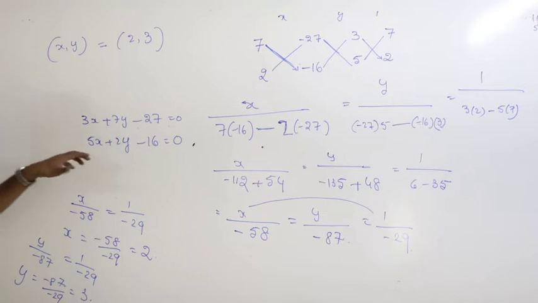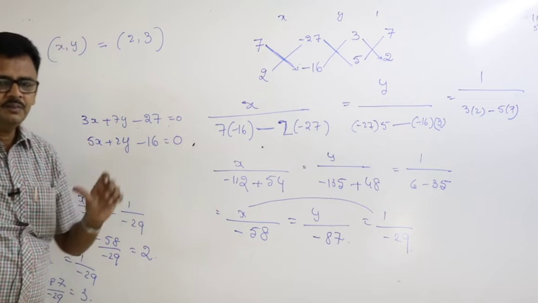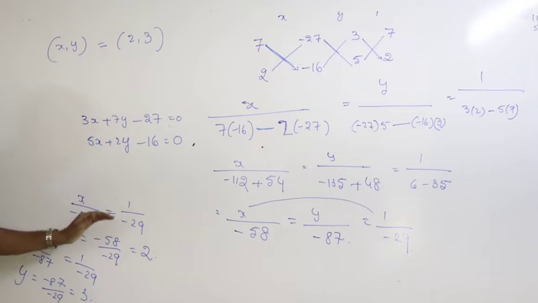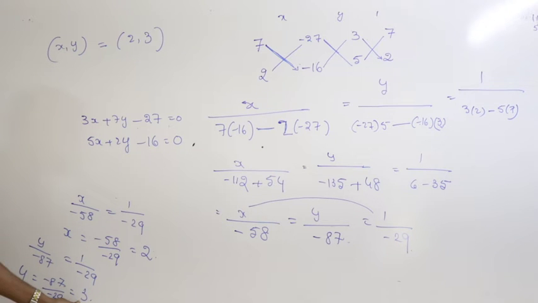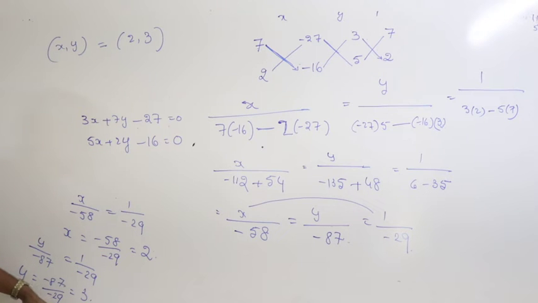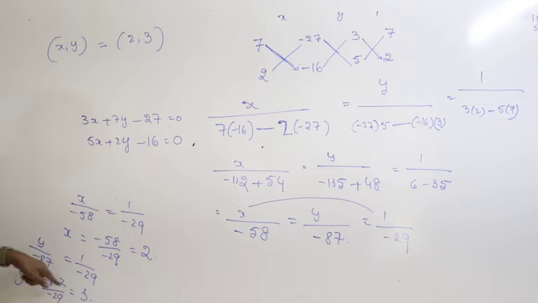Which process you go for depends on the problem. For some problems it is the best method to solve x and y values. Suppose you make a small mistake in the x value, writing 3 instead of 2. You will still get the y value correct, because y is independent of x here. You are not substituting the x value in this.